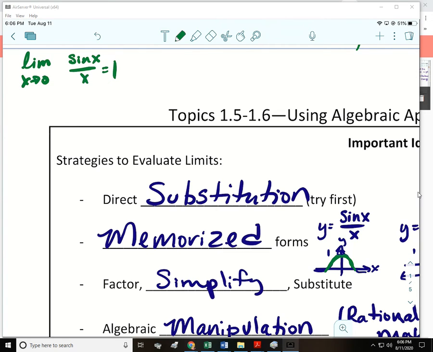That is going to be 1. But this rule also works whenever x has a coefficient. So the limit as x approaches 0 of sine of kx over kx, as long as those coefficients match, that's also going to be 1.